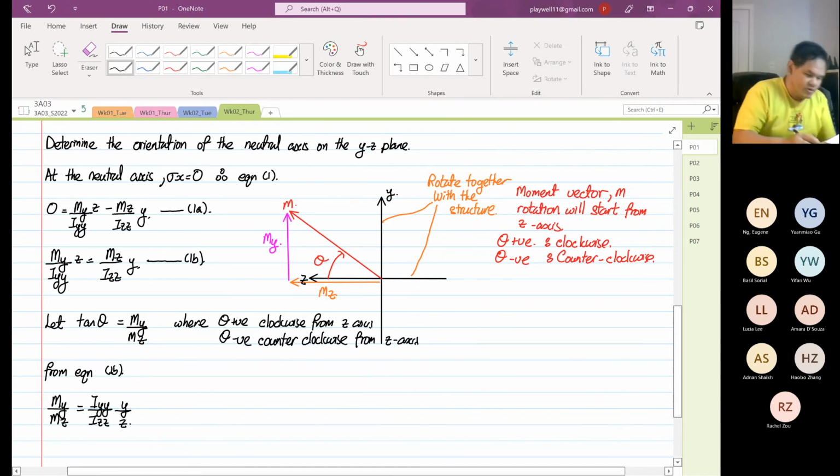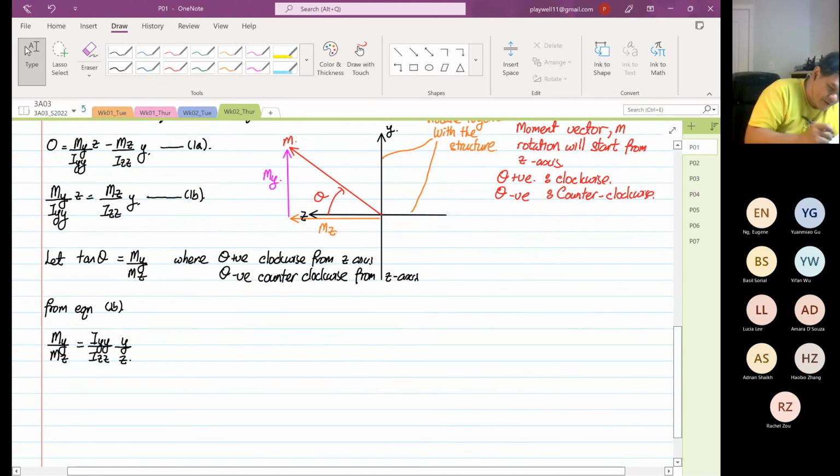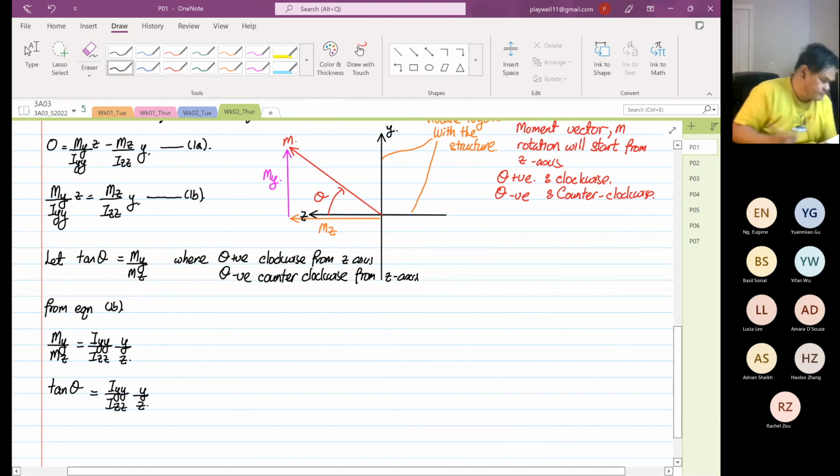So we can write My over Mz as tangent theta, where tangent theta is equal to Iyy over Izz, y over z.